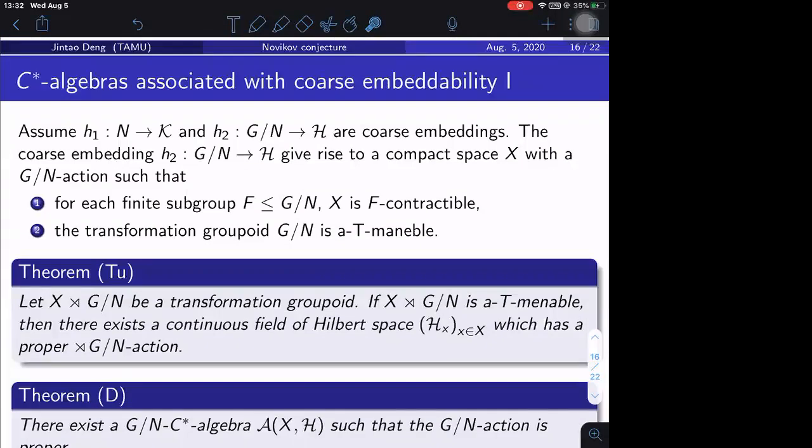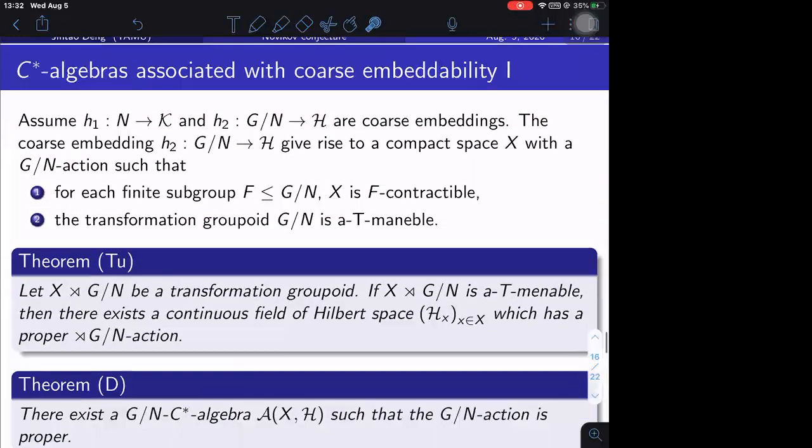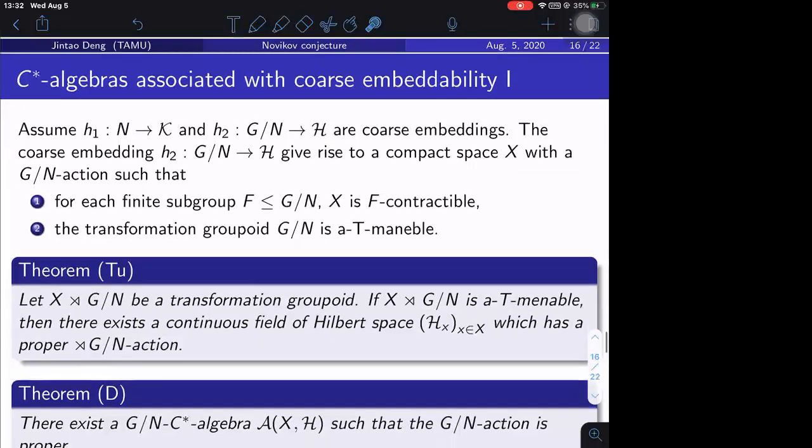So if we have a group coarsely embedding into Hilbert space, we can define the algebra to encode the geometry of the group. If you have the coarse embedding of the quotient group, then we will find a complex space X with the quotient group action, such that for each finite subgroup F, X^F is contractible, and the transformation groupoid is a-T-menable.